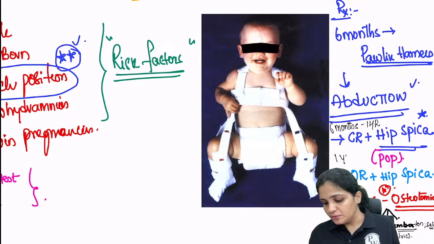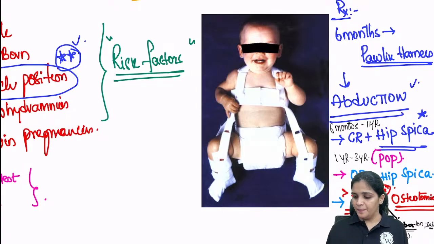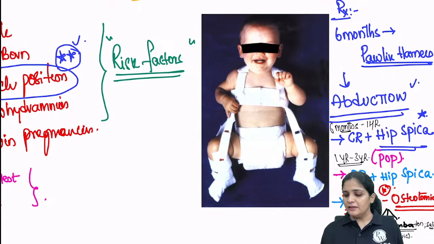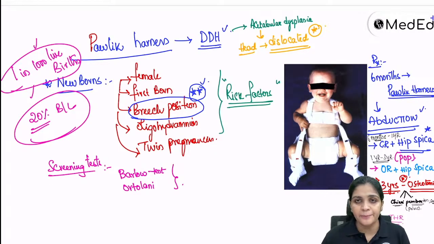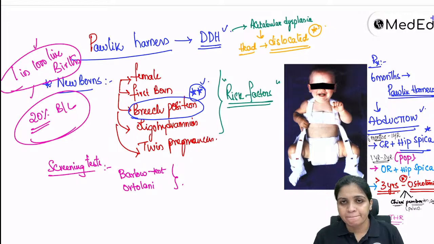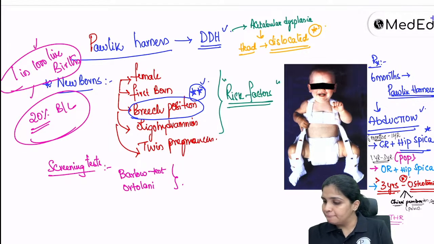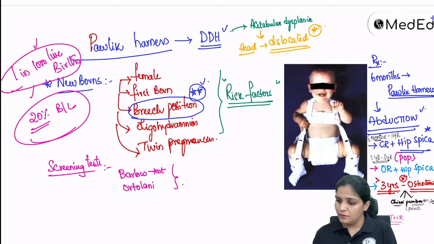This is 1 year to 3 years, more than 3 years, right? So this is the treatment protocol for a baby with DDH. Okay. Is that clear?